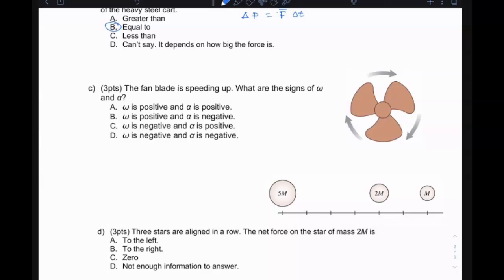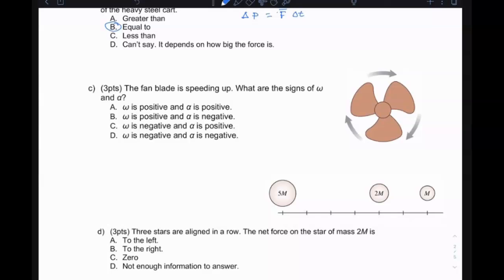In part C, we see a fan blade speeding up. What are the signs of omega and alpha? We see from the figure that the direction of the rotation is clockwise.